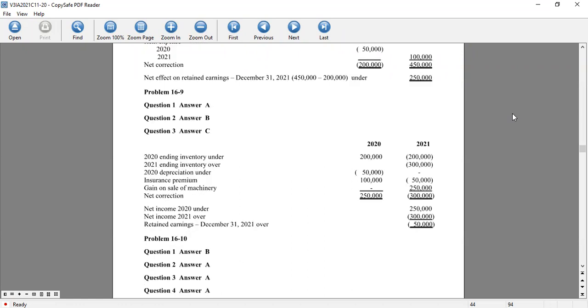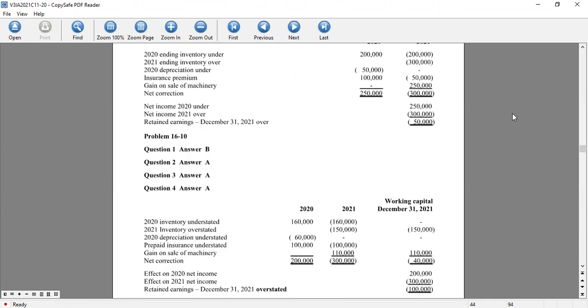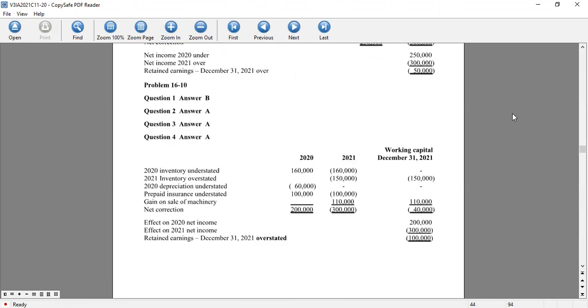Now we go to question number 10. The questions are on net income, ignoring income tax. What amount should be reported as the net effect of the errors on net income for 2020, for 2021, on retained earnings on December 31, 2021, and finally on working capital.